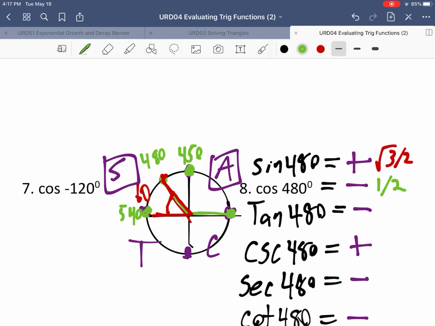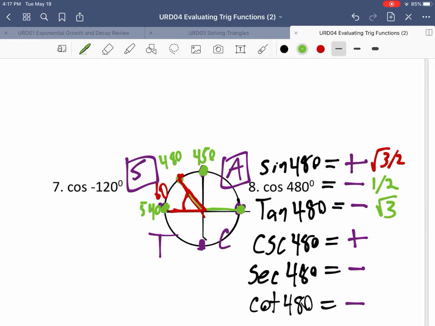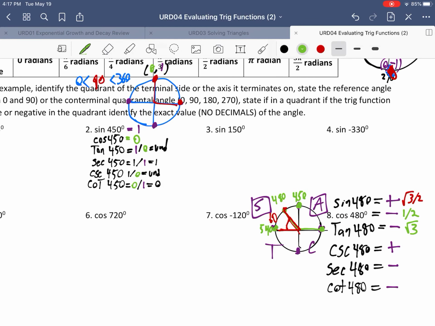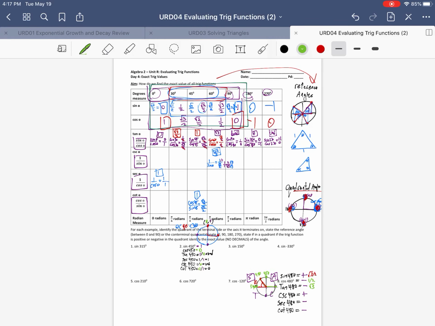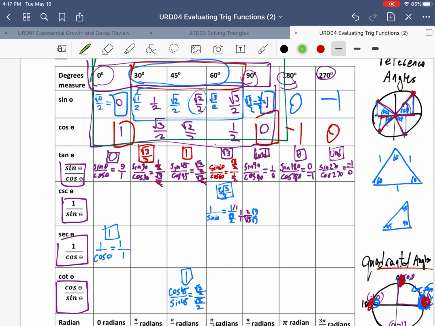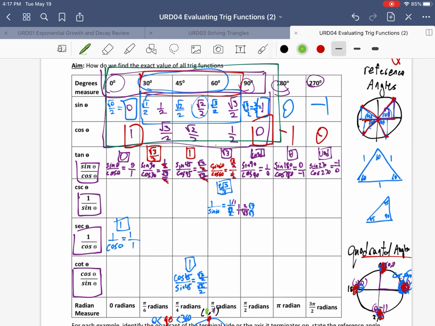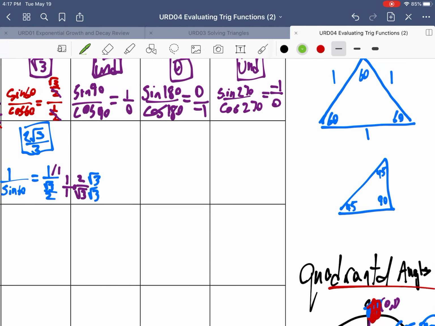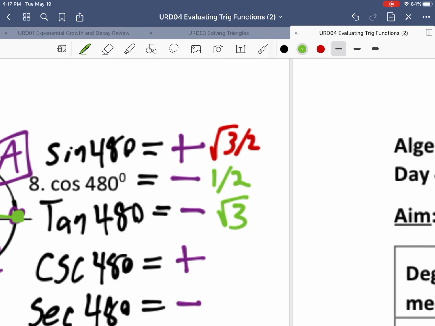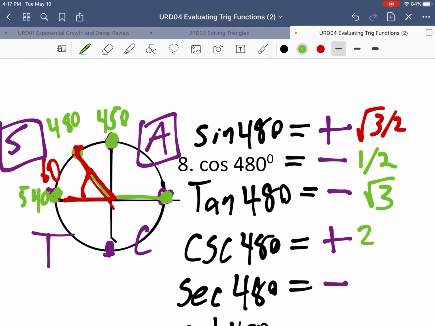The tangent of 60 is going to be radical 3 over 2 divided by 1 over 2, which is just going to be radical 3. Let's do the cosecant of 60 on the table. Oh, we have it there. It is 2 radical 3 over 3.